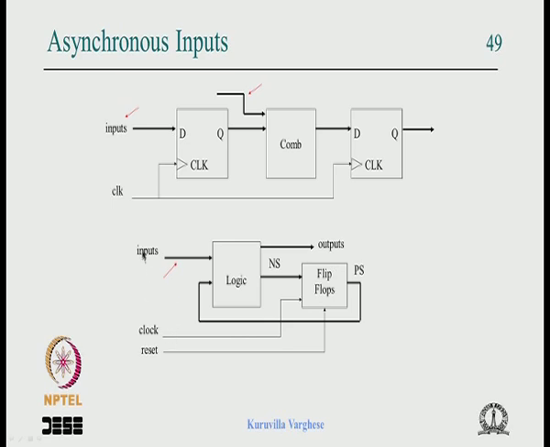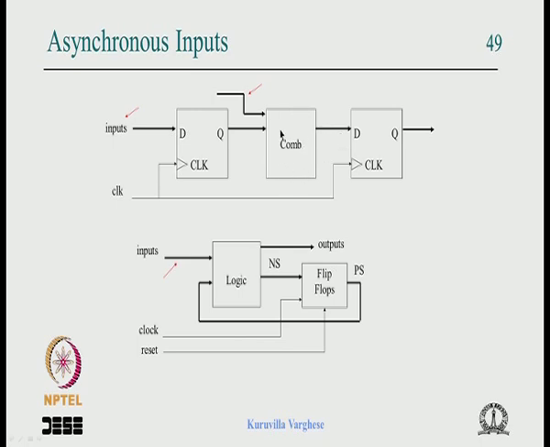Or it could be some process which is generating a logic value, like a limit switch, which has no relation with the clock, and then these inputs may not meet the setup and hold time. As far as this input is concerned, it may not meet the setup and hold time, and as far as this one is concerned, it may not meet it either.